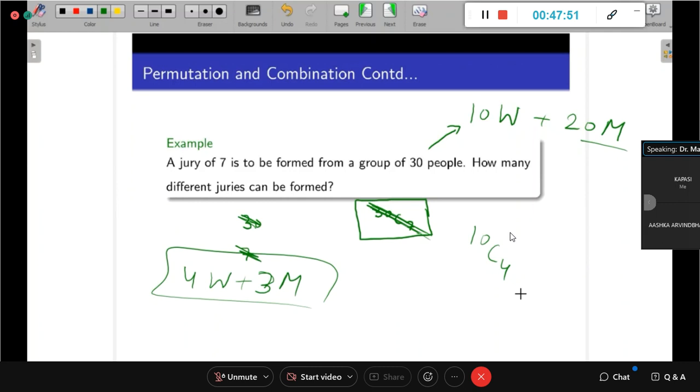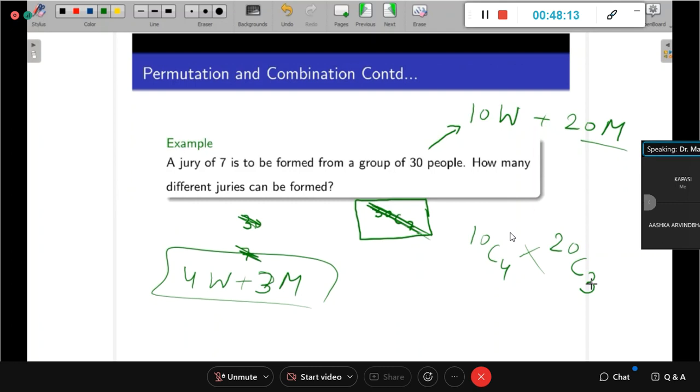Since the jury has not been formed so far, it's a simultaneous task, so here we multiply. And out of 20 men, you can choose any 3 of them. So that will answer your question. You can simplify that.